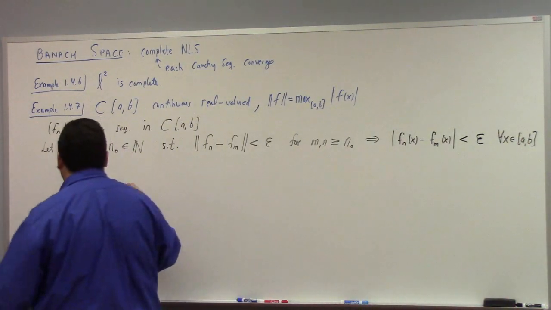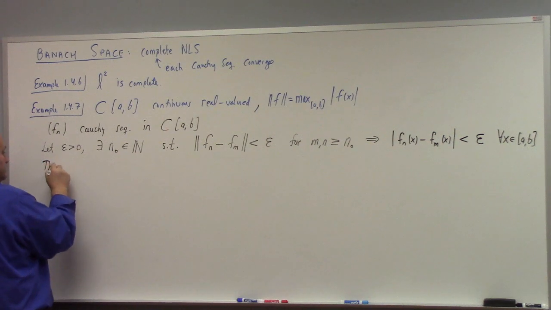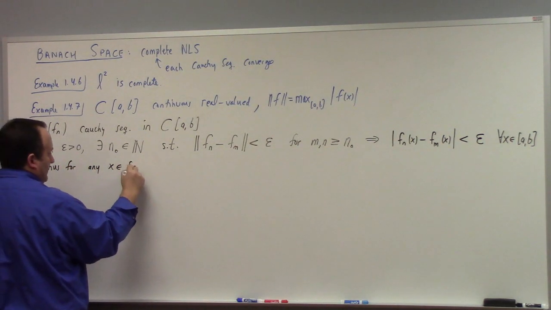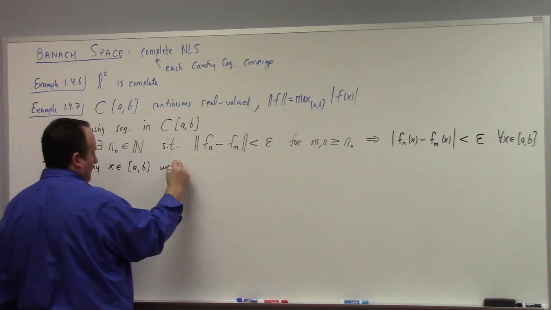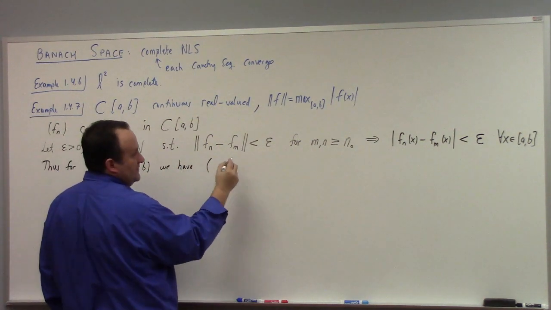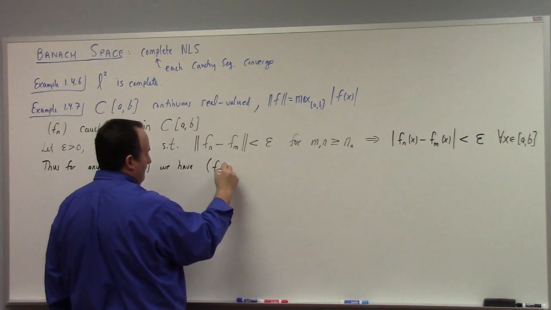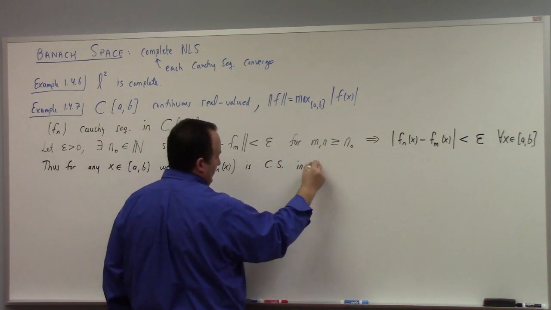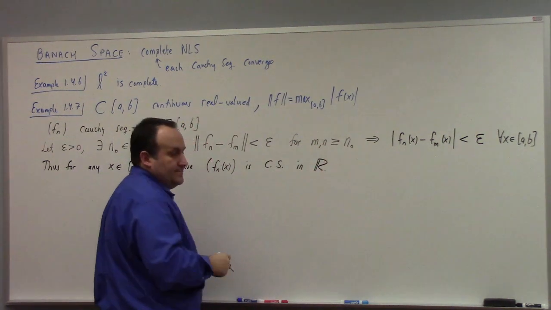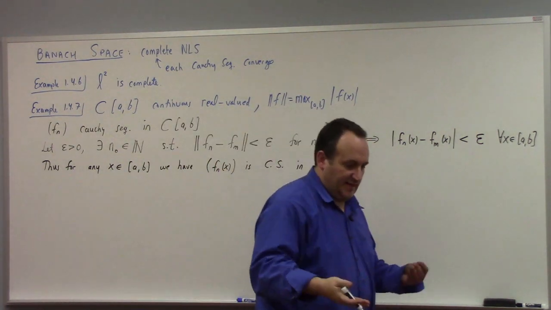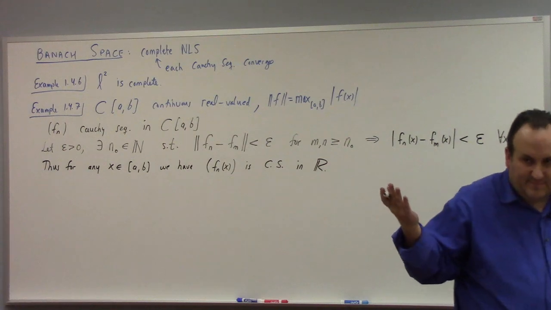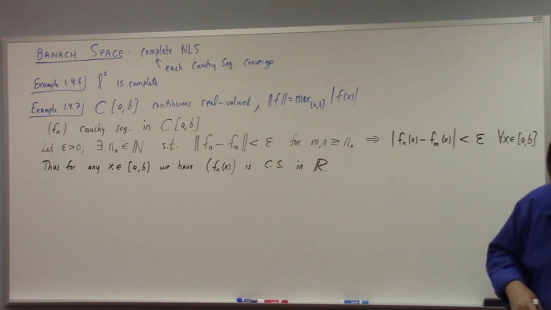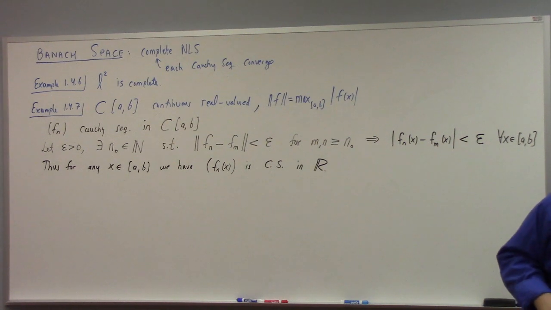This means that for any x in [a,b], we have the sequence f_n(x) is a Cauchy sequence in the reals, because that's the absolute value, and of course that could be modulus if you want to complex. So that's a Cauchy sequence of the reals.